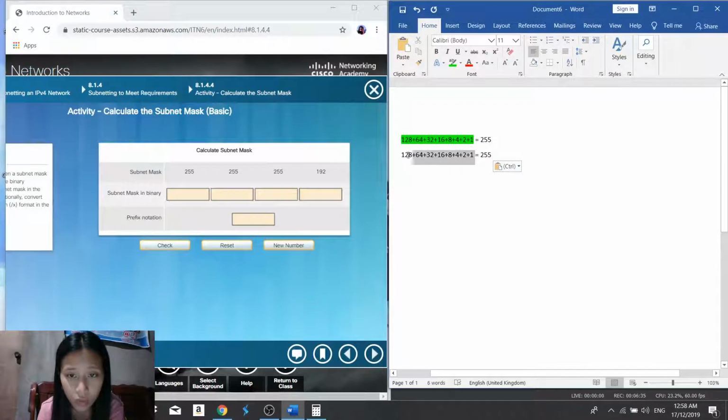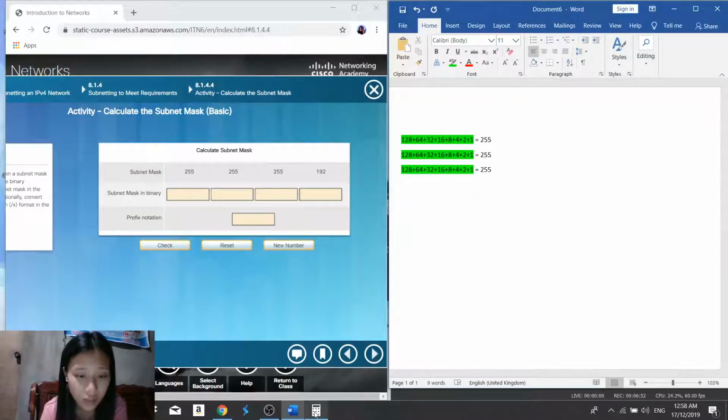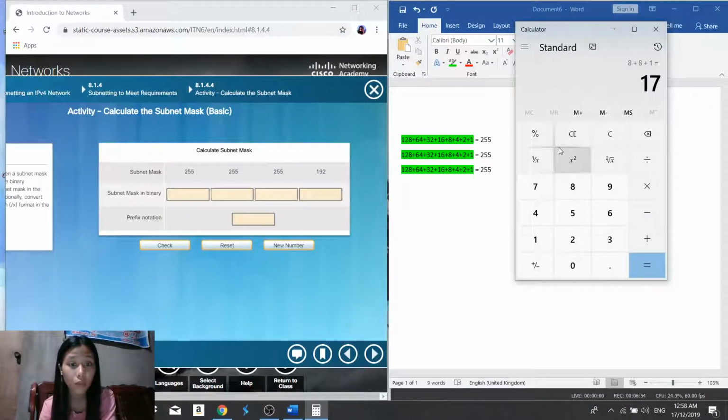So 255 again is for the second subnet mask, and 255 again for the third, and for the fourth subnet mask it needed 192.